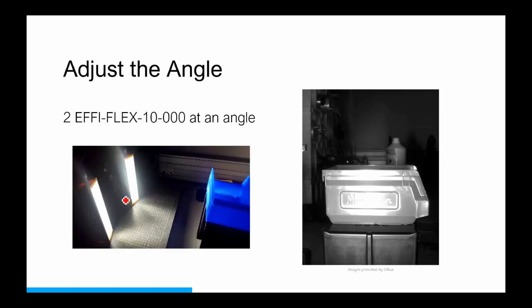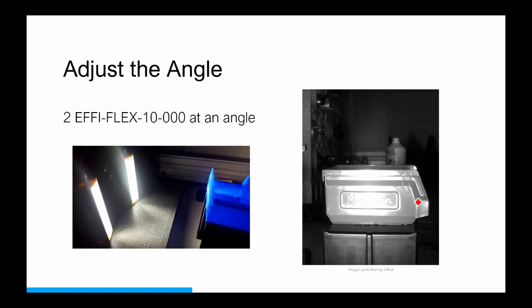A good example of this is a plastic bin, and I have two bar lights shining pretty directly down onto my bin, and you can see there's a really big hot spot when inspecting the sample. It would be hard to do whatever inspection we're trying to do on this.